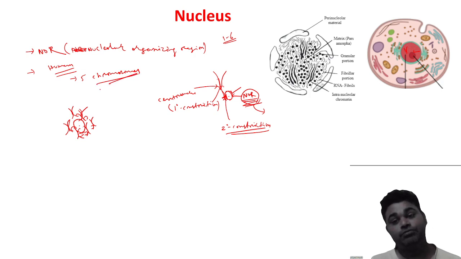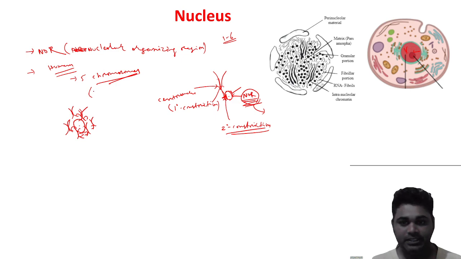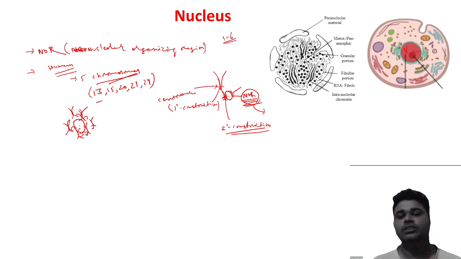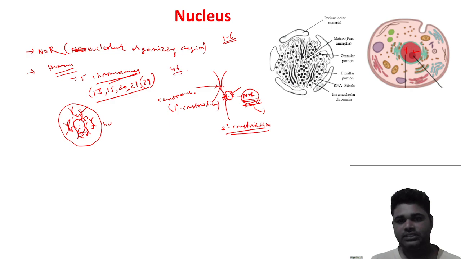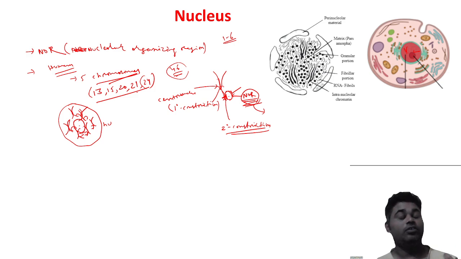And if you ask exactly which 5 chromosomes the nucleolar organizing region is formed around, the answer is 13, 15, 20, 21 and 24, out of 46. Around these chromosomes the nuclear organizing region, or the nucleolus, is formed.